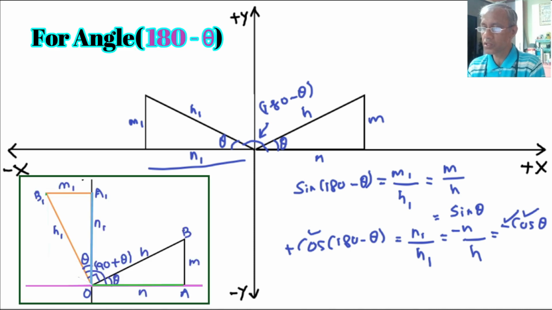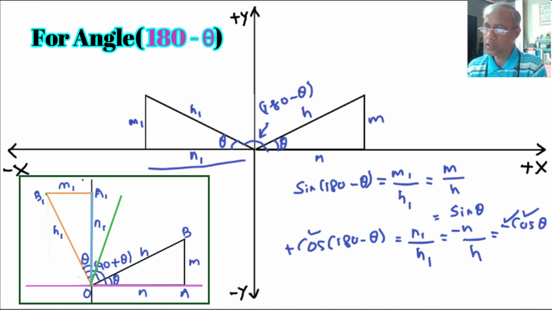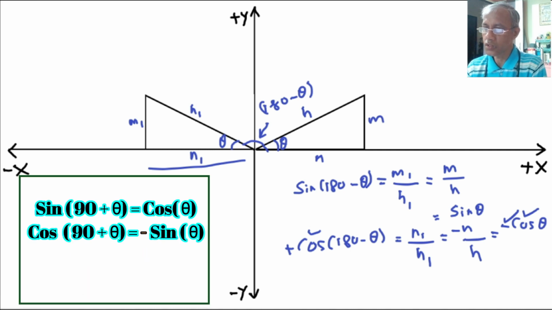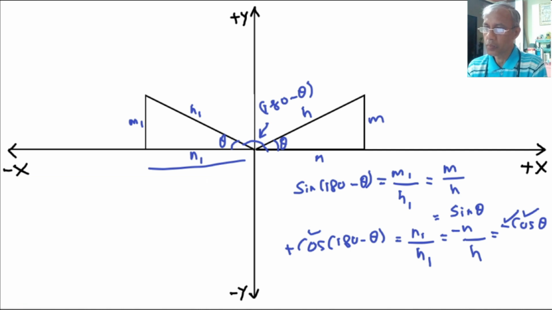Like in the previous case of 90 plus theta, the similar side of N was placed along the different axis, along the y-axis. That is why the sine function changes over to the cosine function and vice versa. But in this case, the function never changes, as the base remains the base and the perpendicular remains the perpendicular.